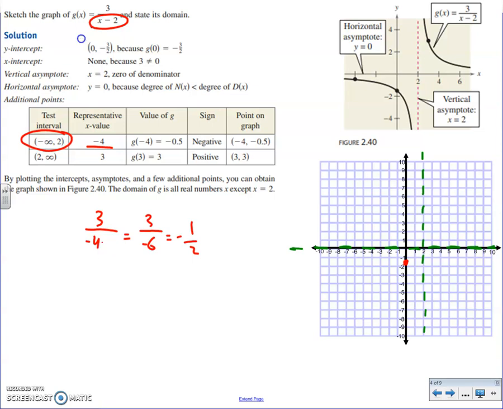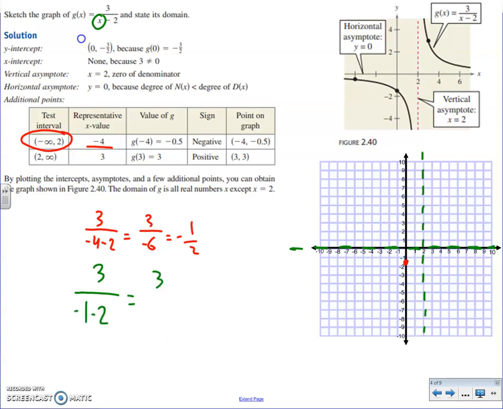Now, you do not have to use negative 4 like they did. I actually would have chosen negative 1. So the question is, why would I choose negative 1 instead of negative 4? What happens if I put a negative 1 right here? What is 3 over negative 1 minus 2?